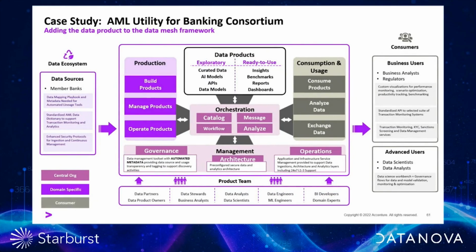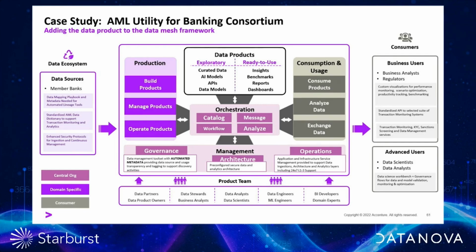Now looking at filling out that mauve pink layer about the governance, the architecture, the operations. At the governance level, it's really about providing a standardized data management tool set. In that tool set, we want some automated metadata. This automated metadata is really important; we talked about programmatic and federated governance of your data mesh.